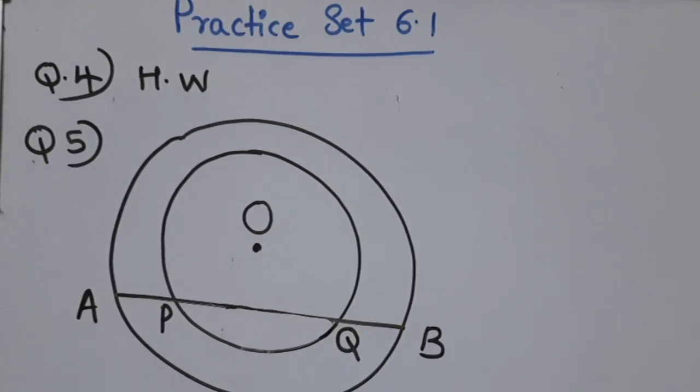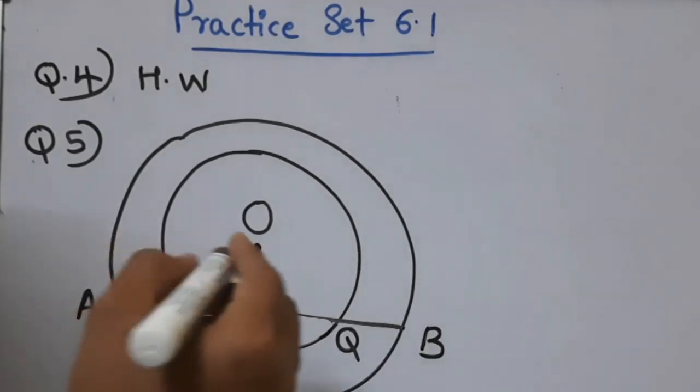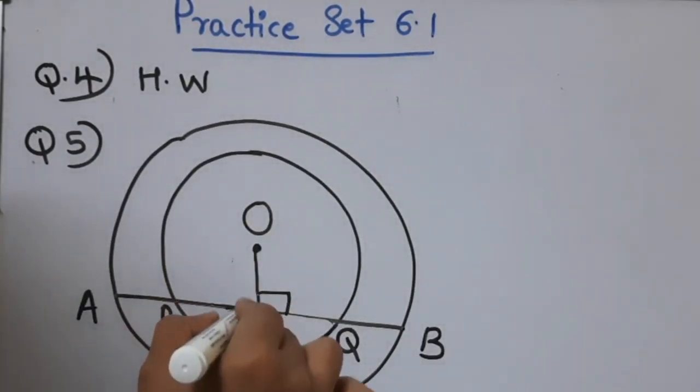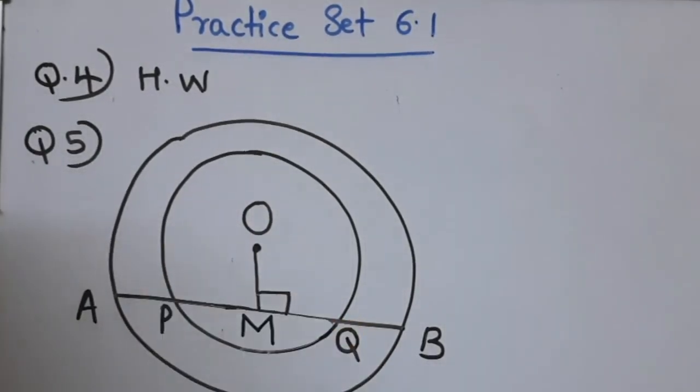So we will draw a perpendicular from the center of the circle O to the chord AB, and we will name this point M. Now we know OM is perpendicular to AB as well as OM is perpendicular to PQ.